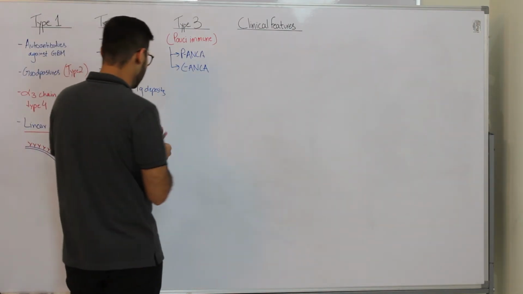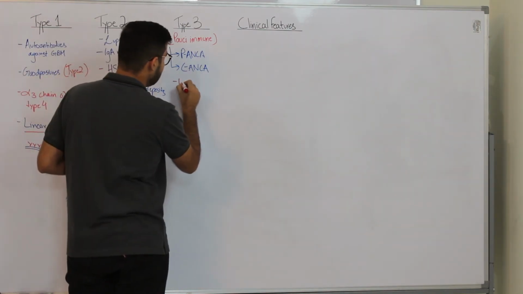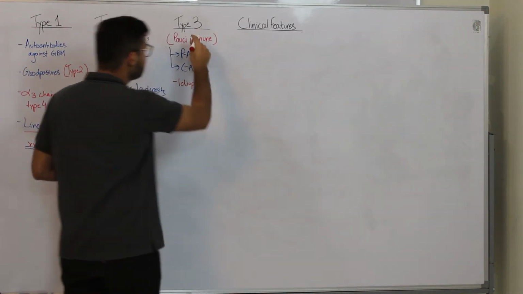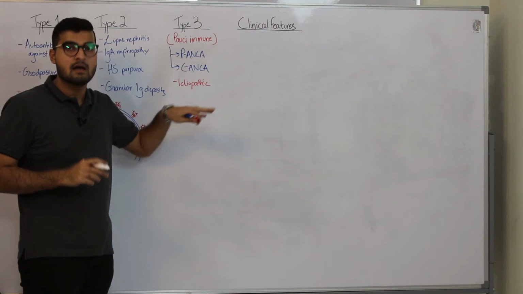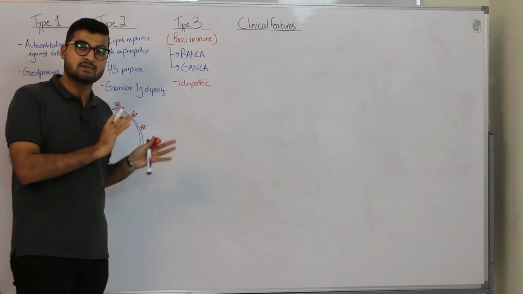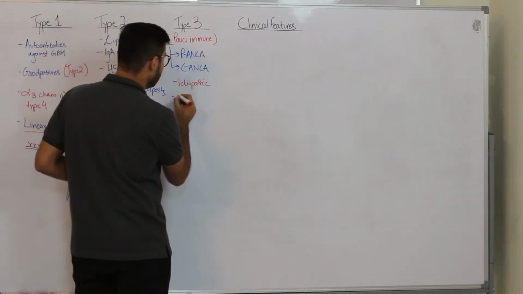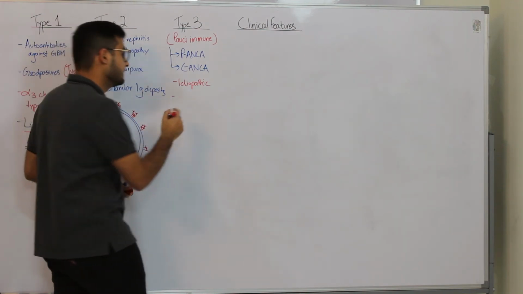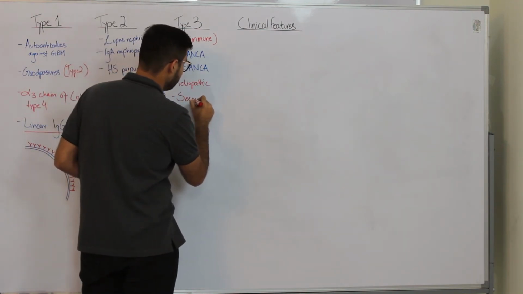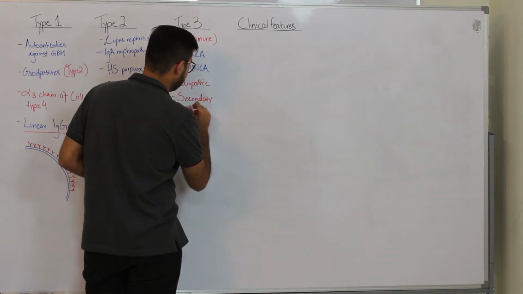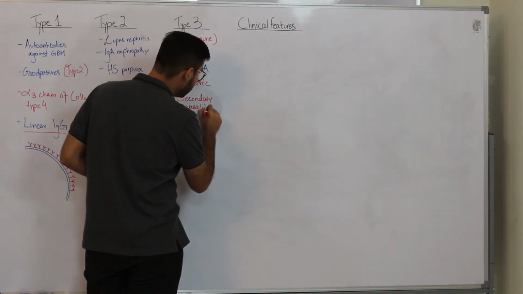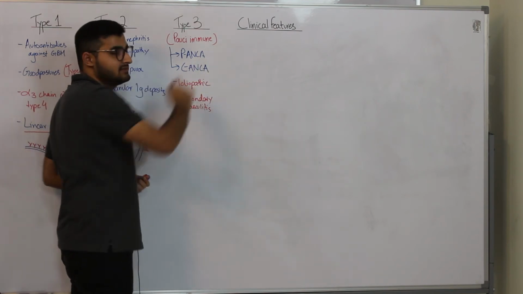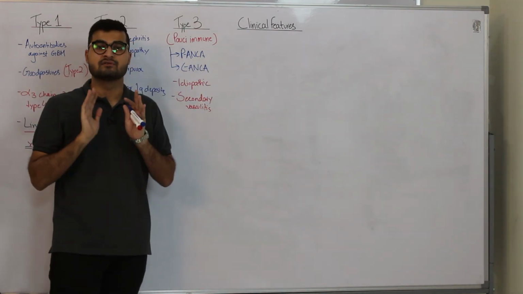So I'm going to write this down here: it will either be idiopathic in nature, where you will have increased numbers of P ANCA or C ANCA and you will see crescent formation in RPGN, or it will be due to a secondary vasculitis. In either case, you will have P ANCA or C ANCA circulating in the person's body.